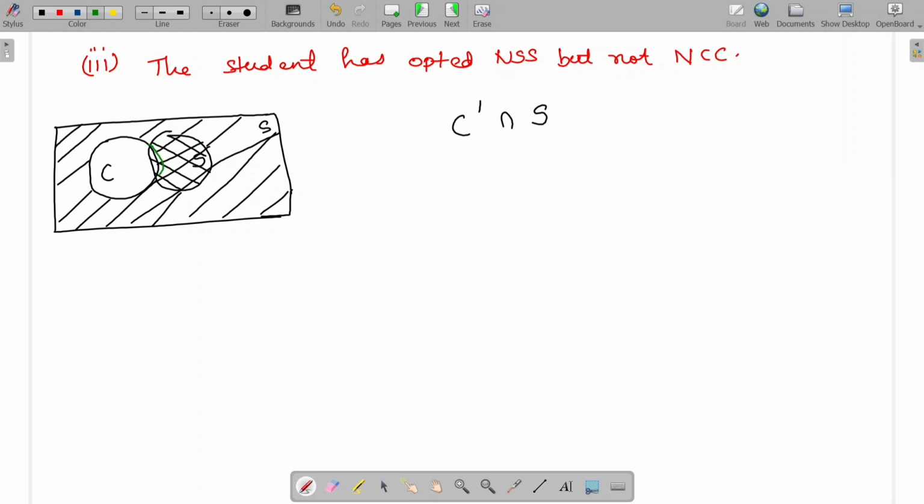So that means this part. Here this is C complement intersection S. So this will be nothing but S minus C intersection S, that is this region.